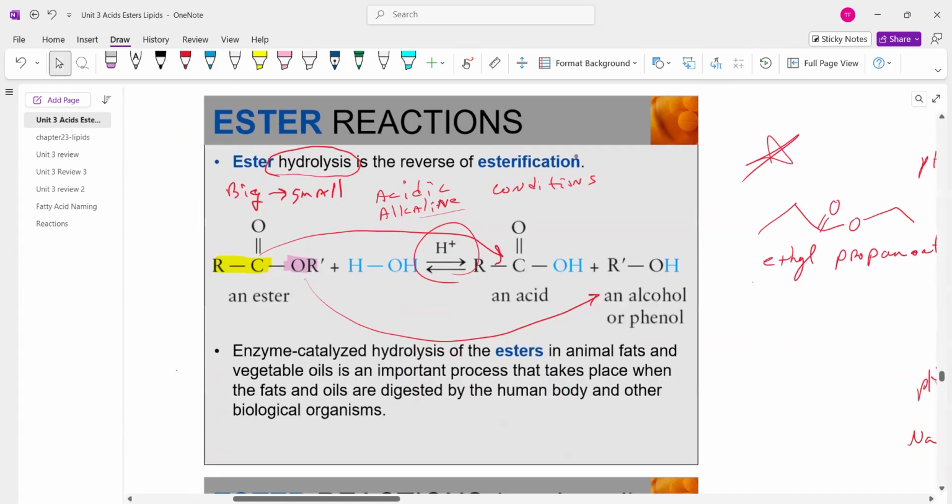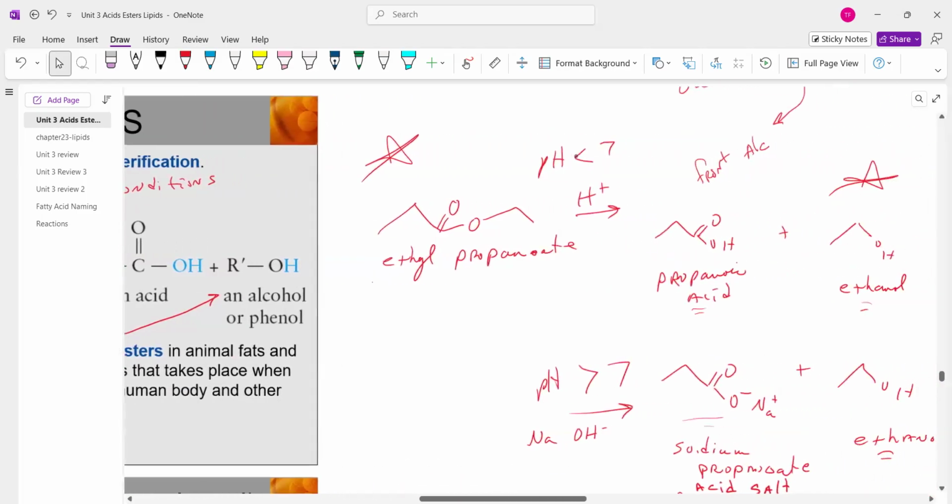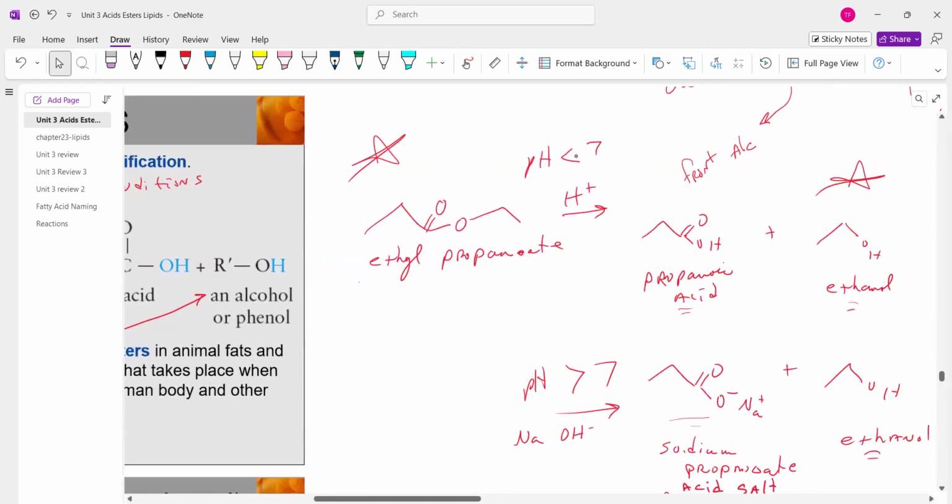And lastly, esters can come and go. Esters can be taken apart as easily as they're put together. So for example, when we take apart an ester, because it was created with an alcohol and an acid, we end up with an alcohol and an acid.